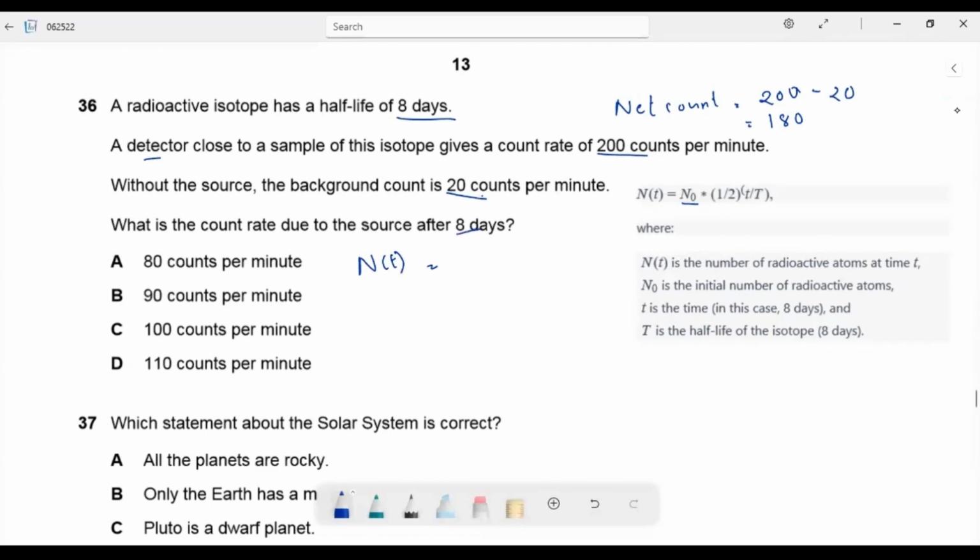And T is the half-life of the isotope, that also is 8 days. So after 8 days, we can write it as N0, which is 180, into 1 by 2 raised to 8 by 8. 8 by 8 is 1. So 180 by 2, that is 90 CPM. So the right answer is B, 90 counts per minute.